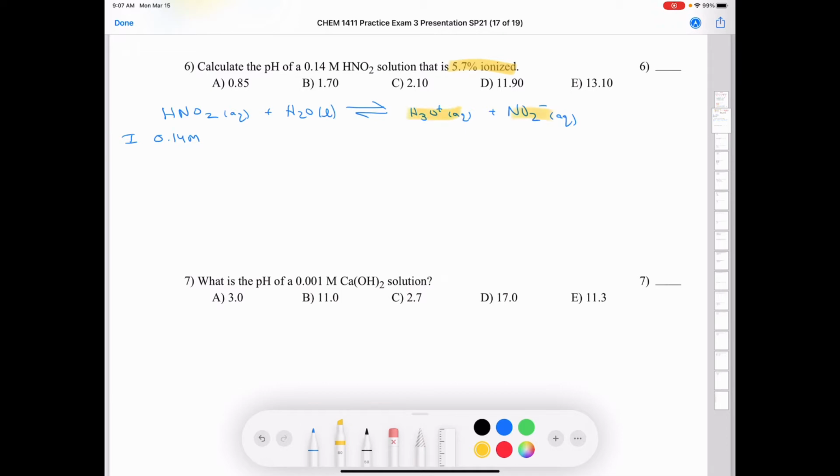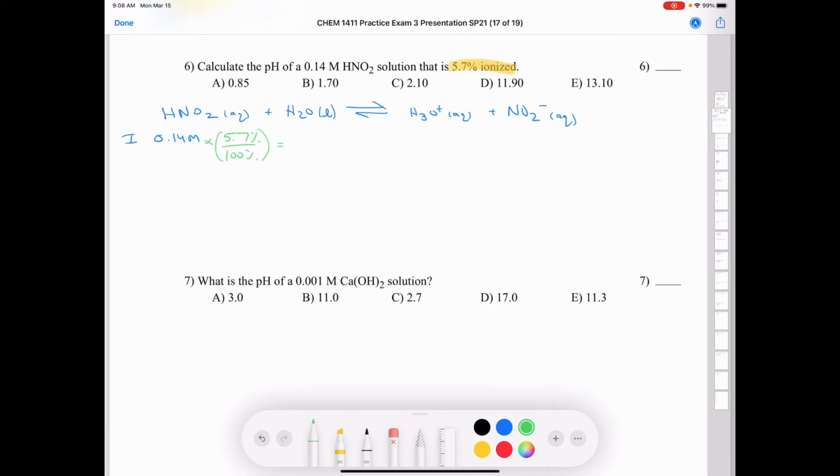And I'm looking for the concentration of hydronium ions so that I can determine the pH. And so to evaluate what the concentration of my hydronium ion is going to be, I'm going to take my 0.14 molar and multiply it by 5.7 divided by 100%, like that.